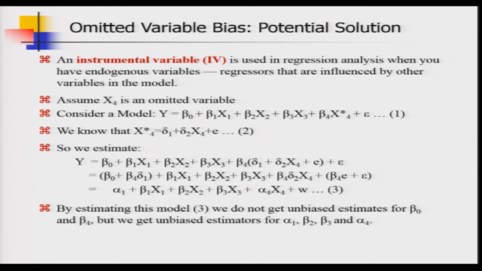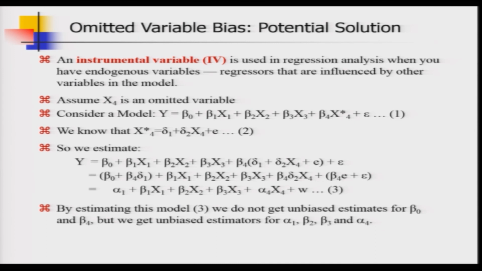And now also note that the coefficient for the instrumental variable or the proxy variable x4 is now a product of two different coefficients: the coefficient of the original omitted variable, that is beta 4, multiplied by delta 2, which is establishing the linkage between the true omitted variable x star 4 and the proxy variable or instrumental variable x4.